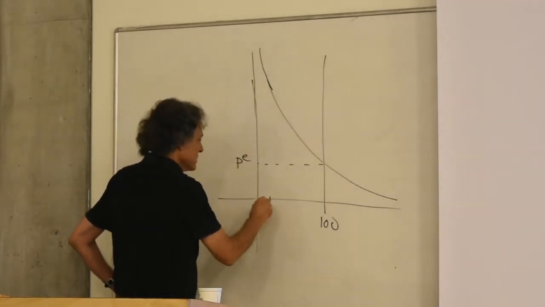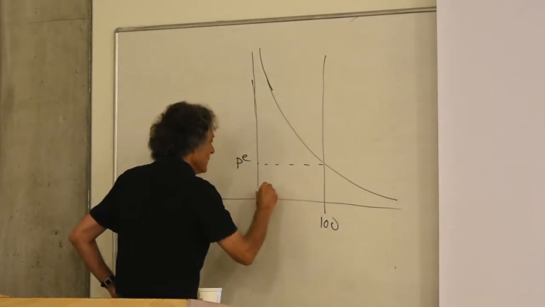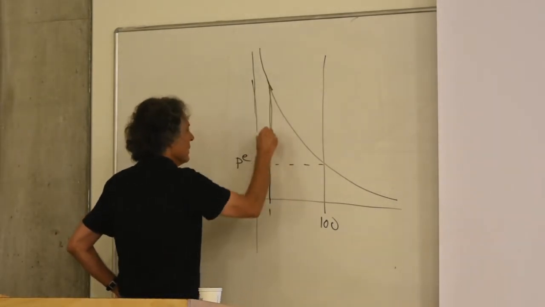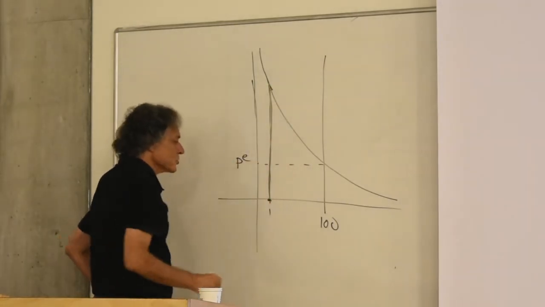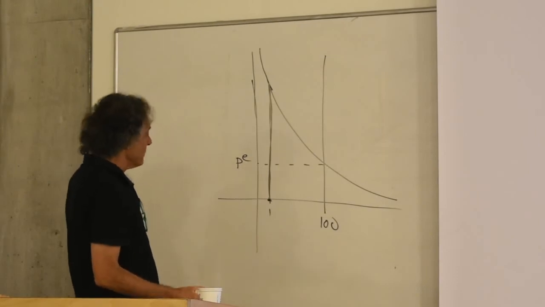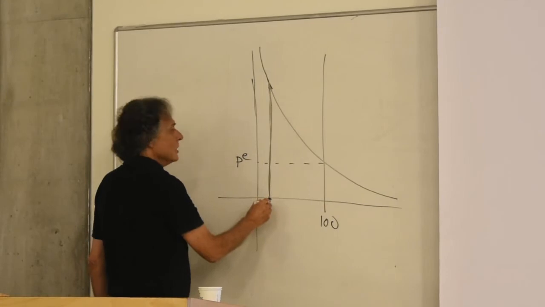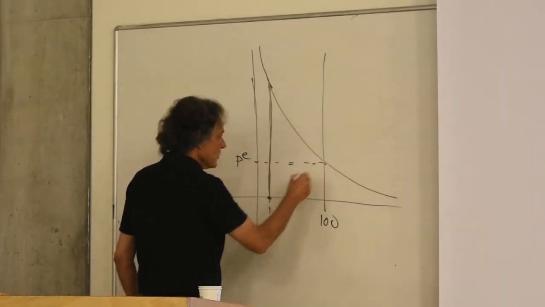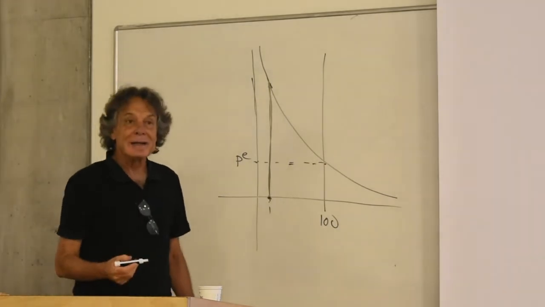So let's say that this is 1, okay? And this is actually the willingness to pay of that consumer, the highest willingness to pay of a consumer. Okay, that much. It is above PE. So for sure he would like to buy, and he will get it.